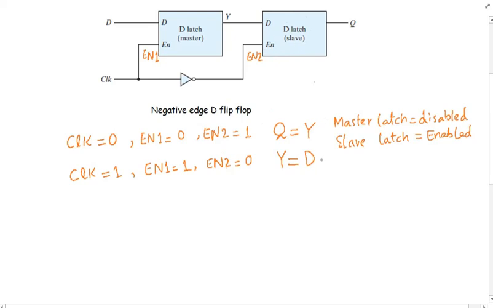So in this case, we can say that the master latch is enabled and the slave latch is disabled.